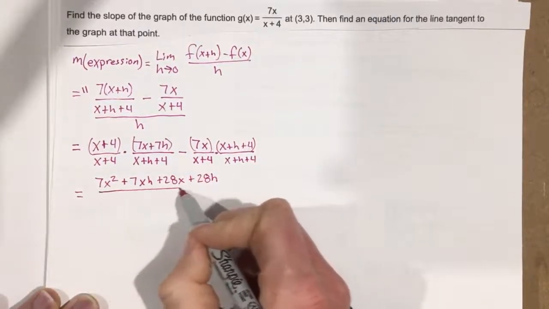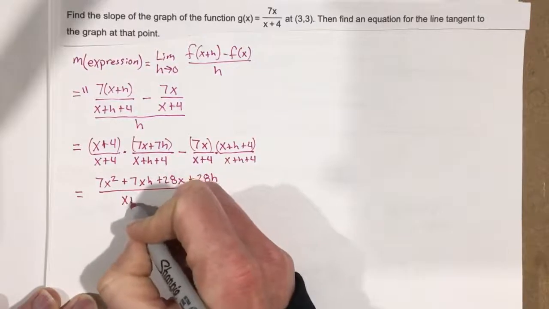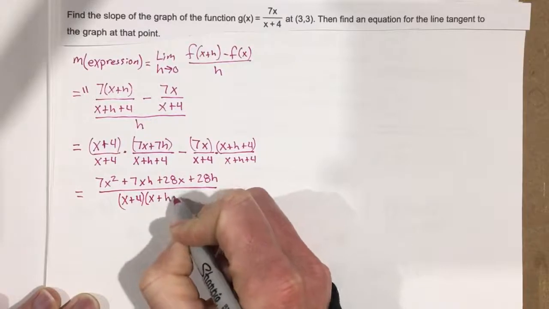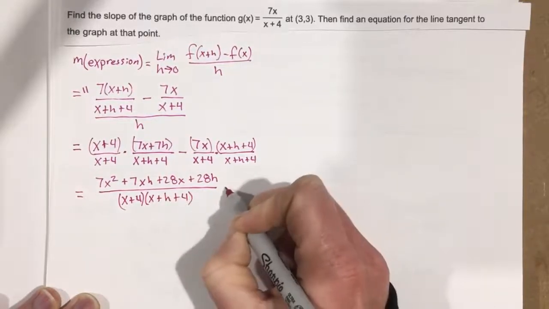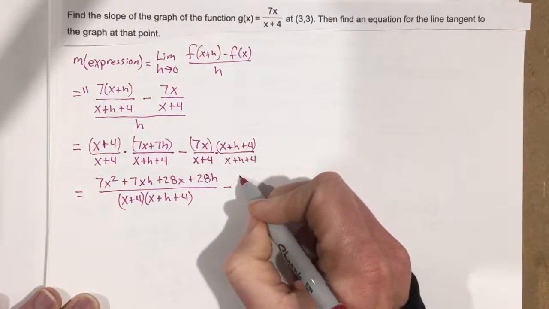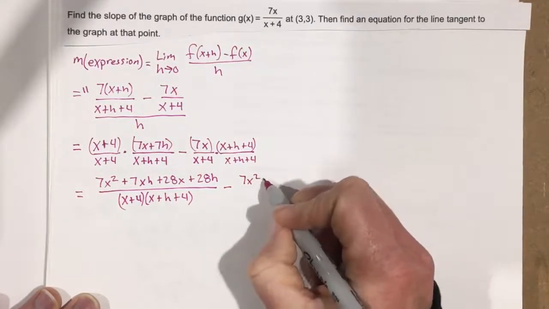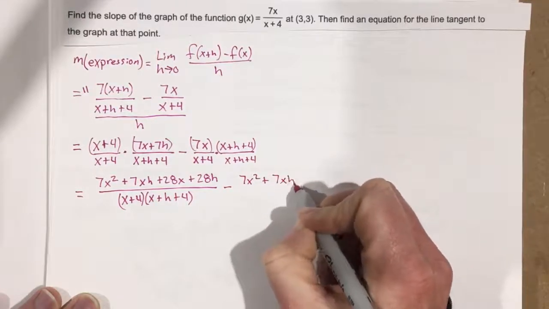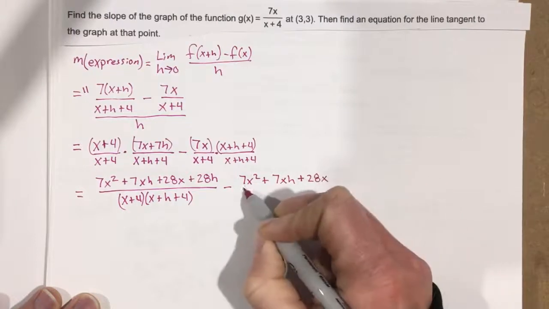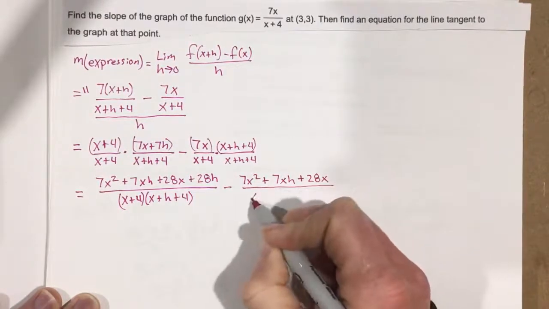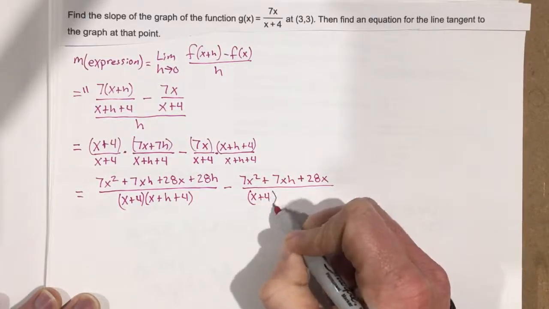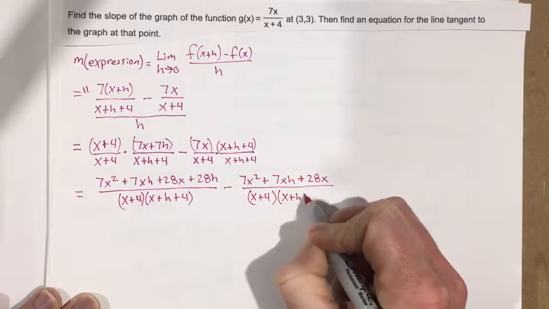So this is all over x plus 4, x plus h plus 4, minus, on top when we distribute, we end up with 7x squared plus 7xh plus 28x. And that's all over x plus 4, x plus h plus 4.